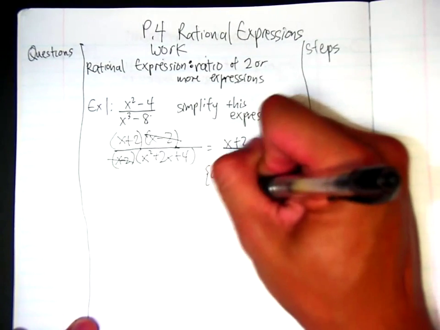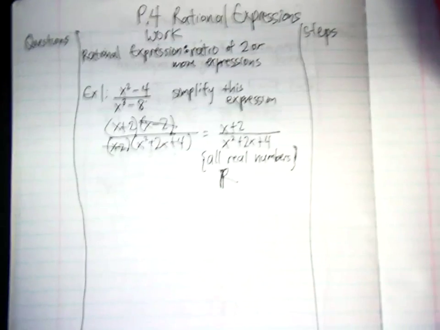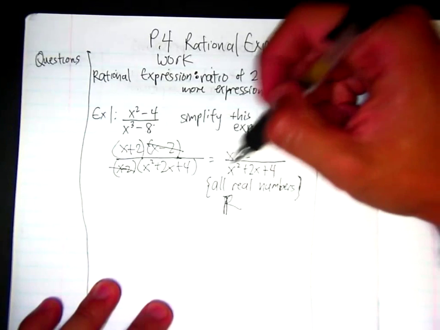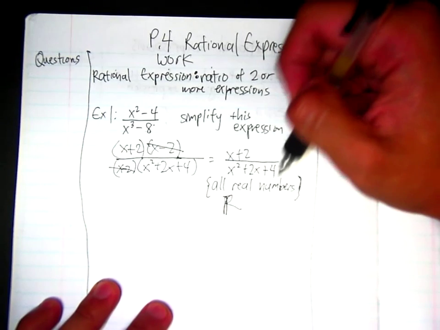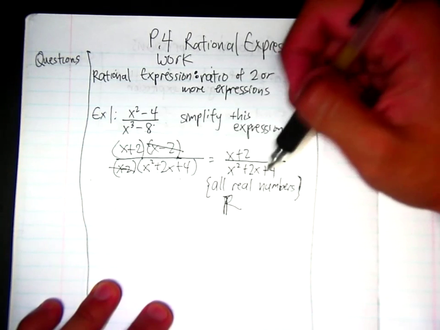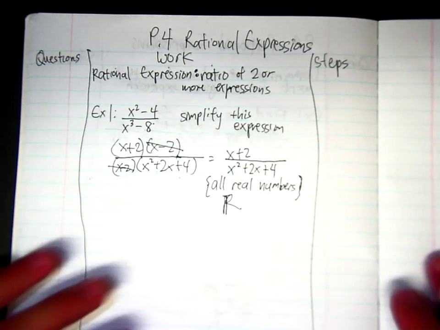Another way to write that is I can write this, R with 2 lines across it. That also means all real numbers. Okay, and the reason why this is all real numbers is because I'm squaring this, so this is going to be positive, and this is going to be 4, so there's really no chance for this expression to be negative whatsoever. Okay. All right, let's do another example.